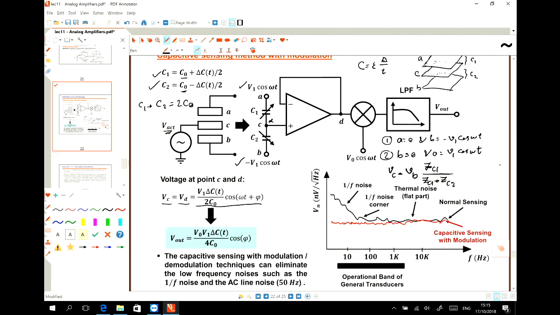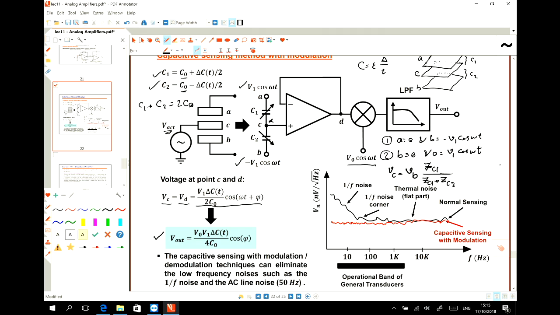If I use a mixer here, working at the same frequency, the output will be like this.